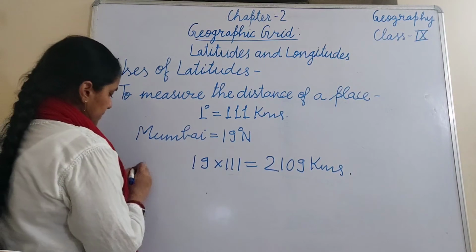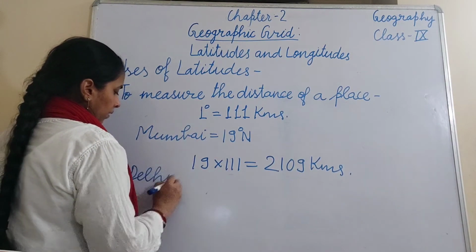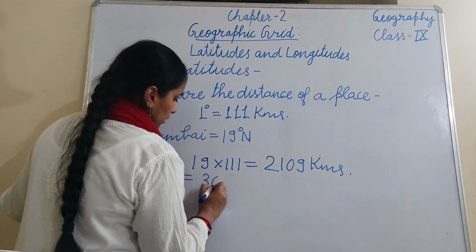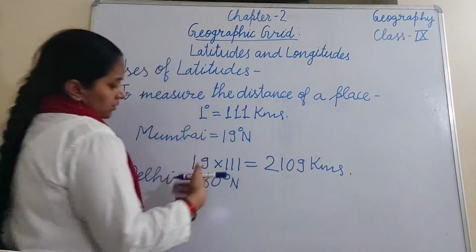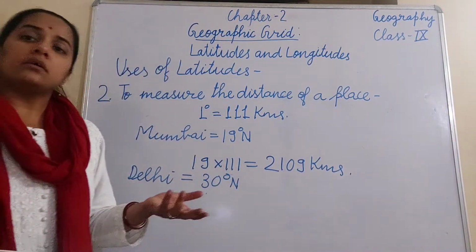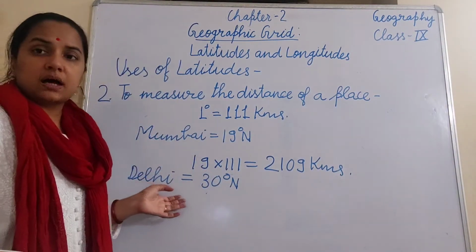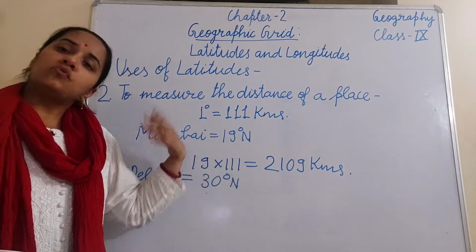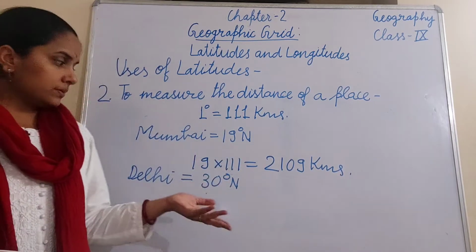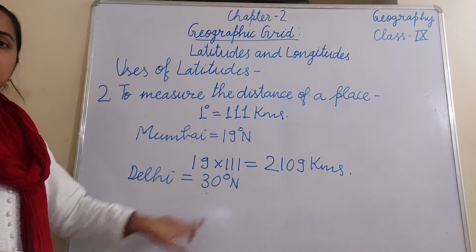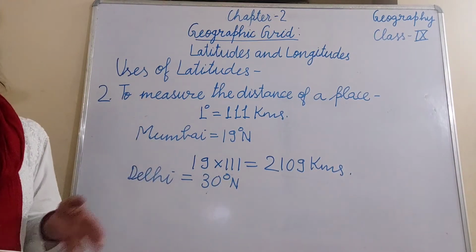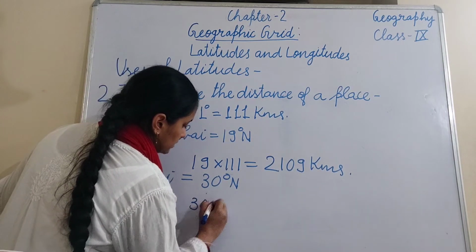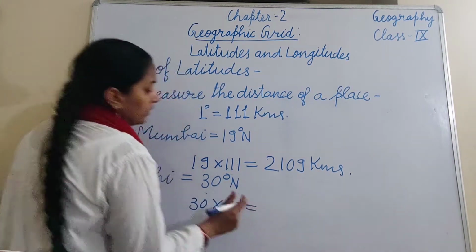Let's take another example. Suppose Delhi. The angular distance here is 30 degree north. Why? Because we are living in the northern hemisphere and both of these places are in India, so the value will always be towards the north of the equator. The angular distance is 30 degrees, and to calculate it in kilometers, 30 multiplied by 111.